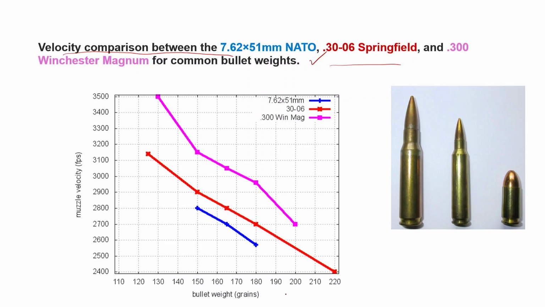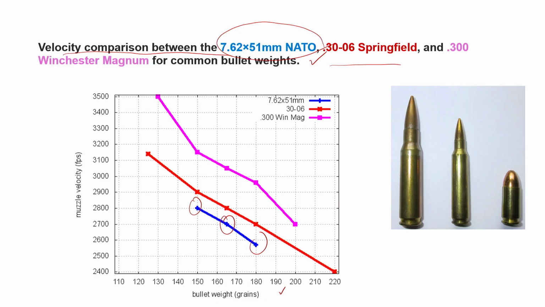So, bullet weights are there and muzzle velocity. You can see this is a NATO, we will have for a particular bullet weight, it is available in 3 different bullet weights, 150 grain, say 165 grain and 180 grain.